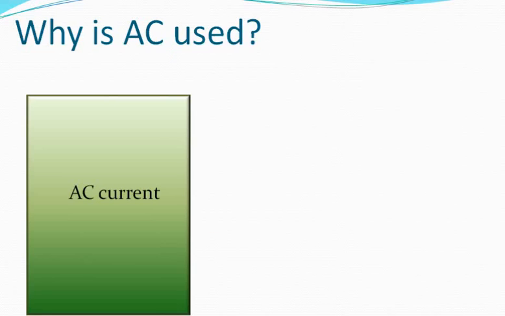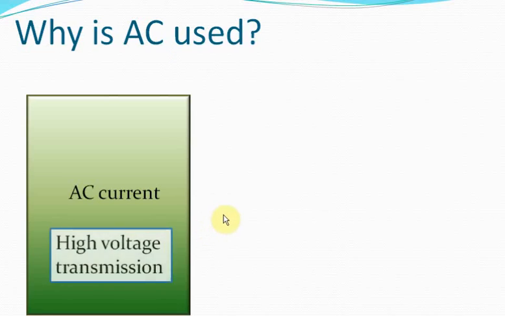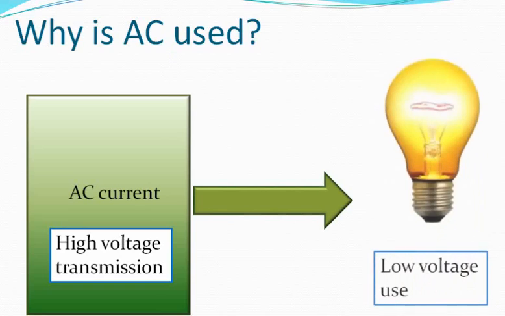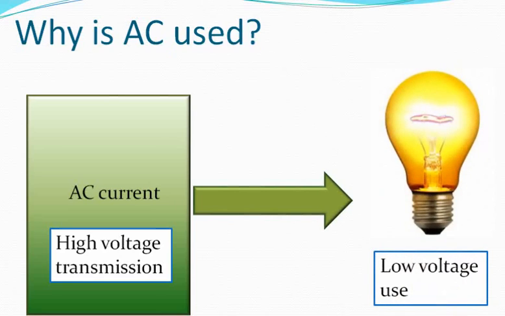Understood? You see, in the case of alternating current, the transmission of alternating current through the wires is high voltage transmission, but when we bring that current to our own house, we can actually step down the transmission voltage to around 230 volts, and we can provide safe current in our houses and light up bulbs and tube lights.